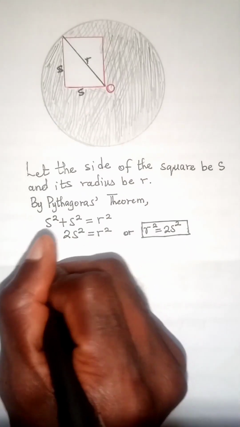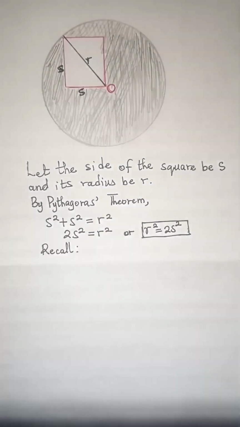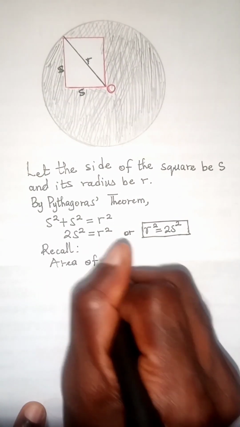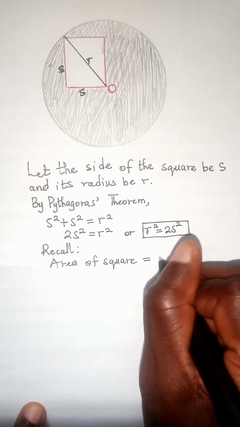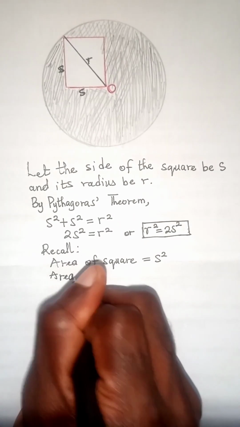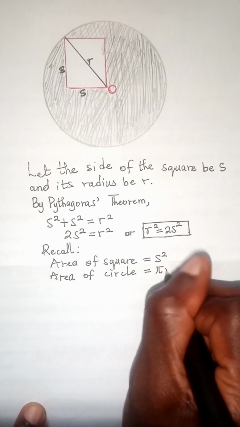Now, it will be recollected that the area of a square is the square of the side. So s squared is the area of the square, and the area of a circle is pi r squared.